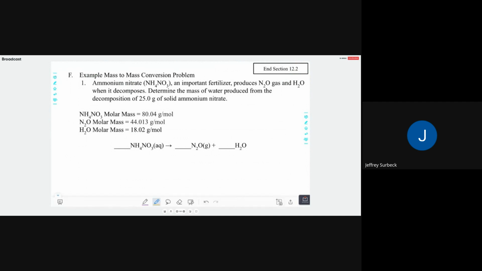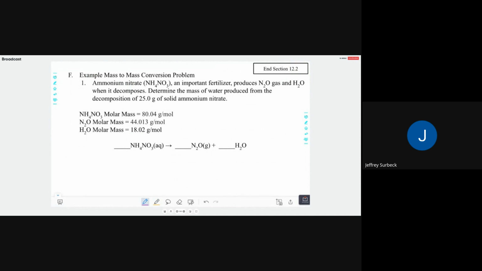First thing, be careful. Ammonium nitrate, we actually have one N from the NH4 and another N from the NO3. So we have 2 on the left. How many N's do we have on the right? 2. So our nitrogens are balanced. Hydrogen, we have 4 on the left, but we only have 2 on the right. So what needs to go in front of H2O?